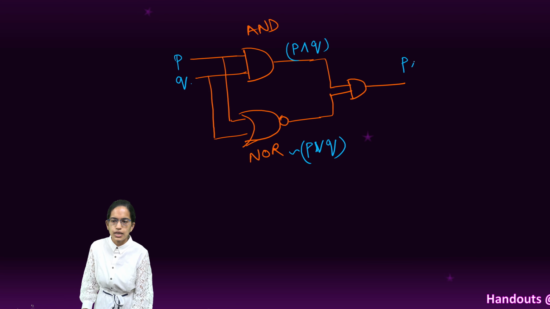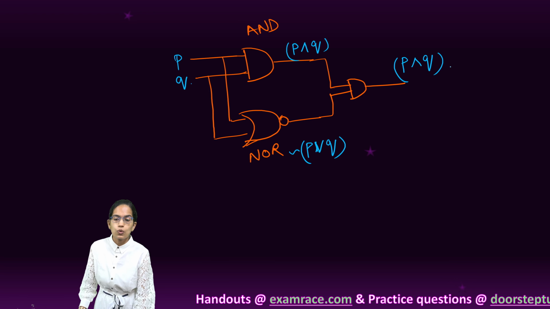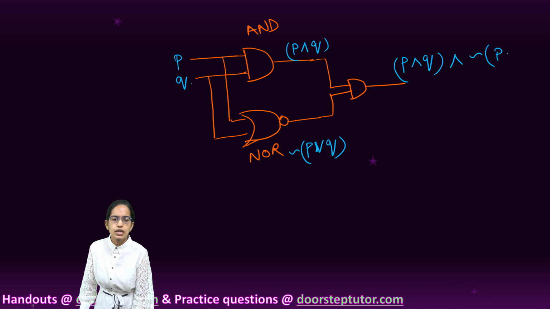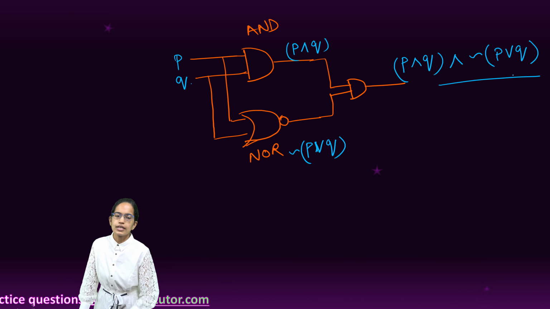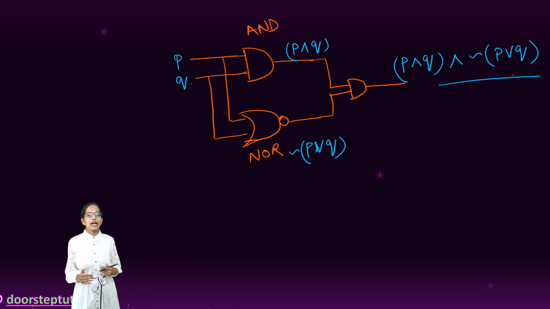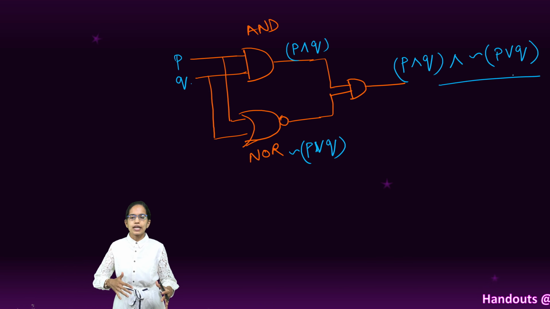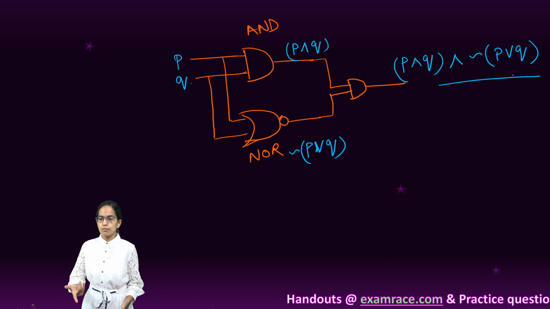My result would be, read it carefully, P and Q and not of P or Q. And that's my final output here. So there can be various ways in which you can explain the complex gate diagrams through symbolic logic.